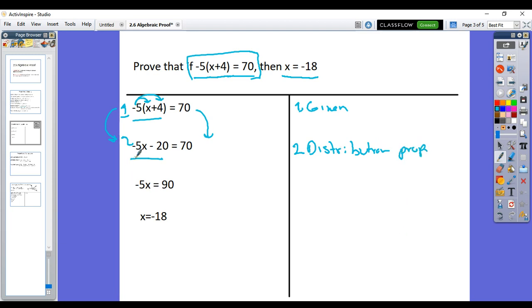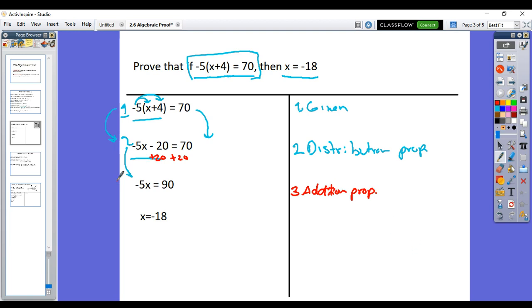All right, and then from there, we went from having negative 5x minus 20 equals 70 to negative 5x equals 90. What happened here? Mathematically, they probably just added 20 to both sides. So our step 3 is the addition property.